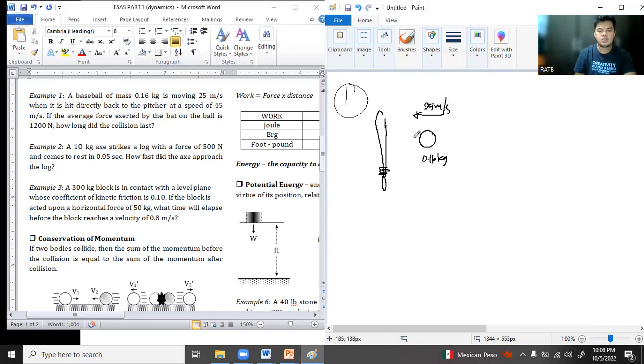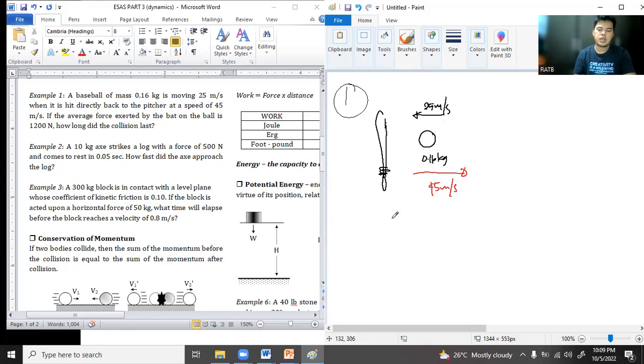Once the baseball is hit, the baseball returns at a speed of 45 meters per second. That means the baseball returns in the opposite direction at 45 meters per second.